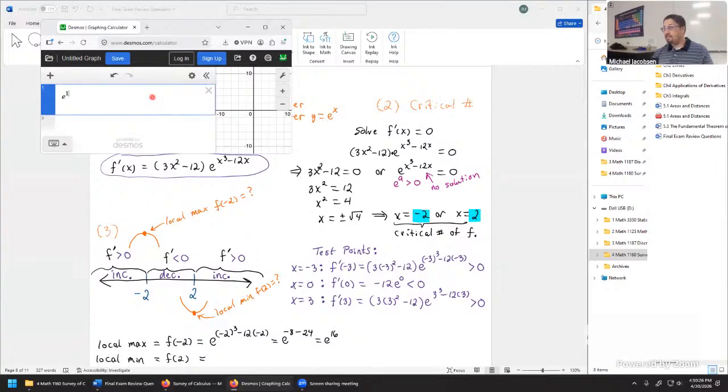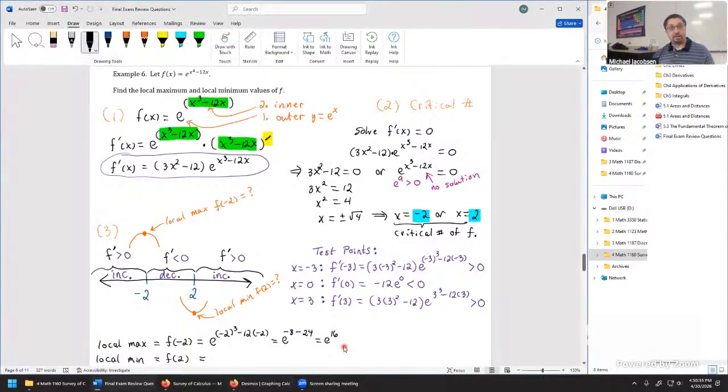E power 16 is about 9 million, if I see those digits right. Yeah, about 9 million. So pretty large number out of nowhere. That'd be kind of annoying if we tried to find it with a graph because you're zooming out for a while. Then likewise, local min, we use the original function because max and mins are about that function at the top.